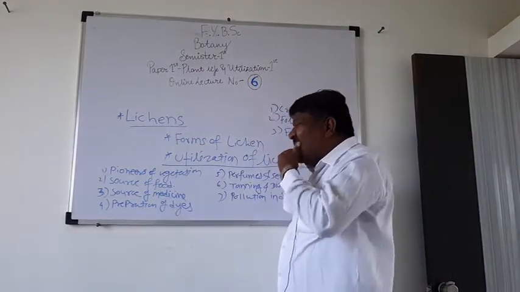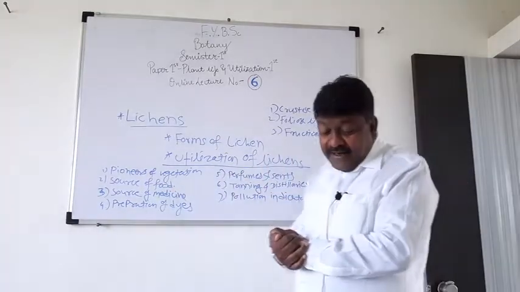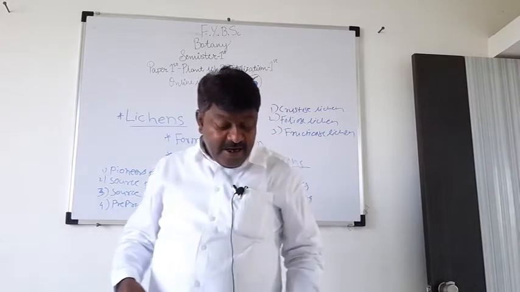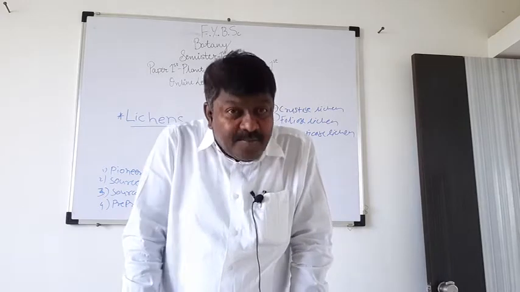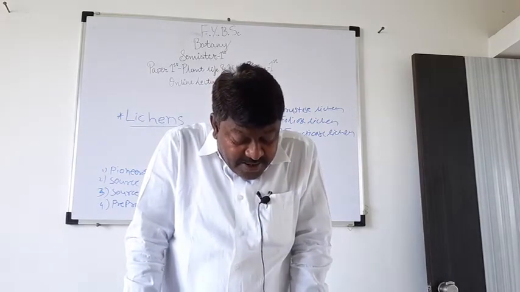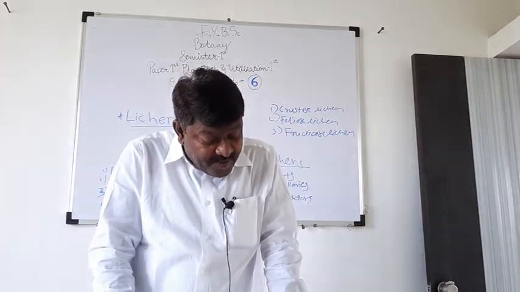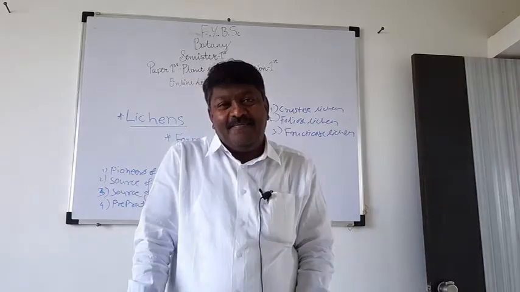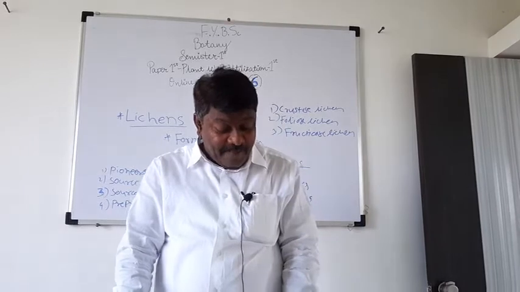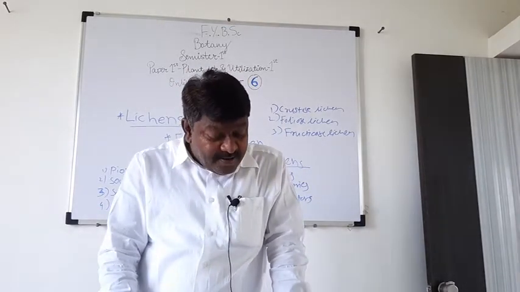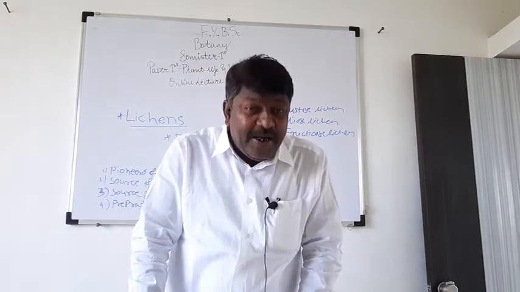Then third one is these lichens are source of medicine. Many species of lichen have been used in medicine. There are some examples. Peltigera canina is used against hydrophobia. Then Parmelia sexatilis is used in curing of epilepsy.